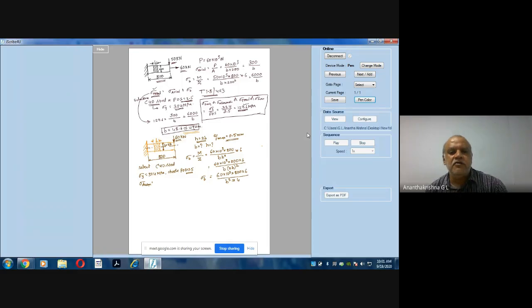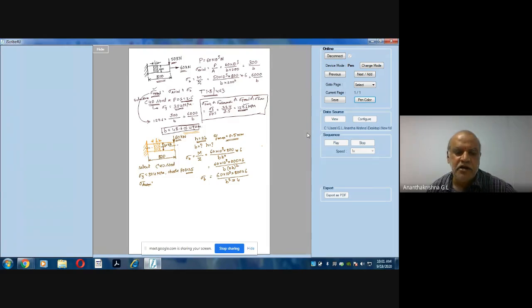So we cannot have a factor of safety of 2 or 3 in aircraft structure because the entire structure becomes too heavy. So the factor of safety chosen depends upon the type of application. But for classroom design, we tend to take 2.5. That's it. There is no other reasoning for that.